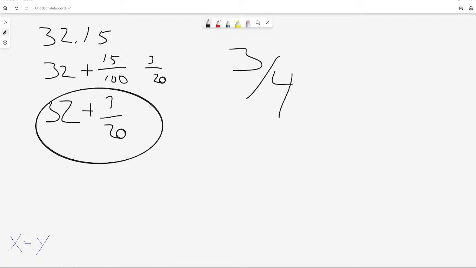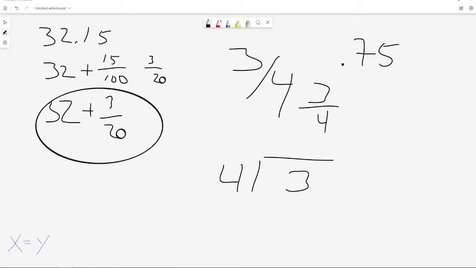I can tell you right now in a decimal, it's going to be 0.75. So let's find out how we get to that answer. So we're going to divide. Remember, when you see a fraction, it can also be written this way. That's just telling you to divide.